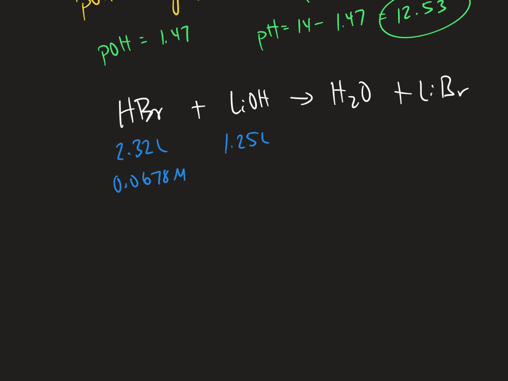Okay, so what should we start with? We want to know the pH of what? Of this, right? Okay. So what do we need if all we have is the liters?